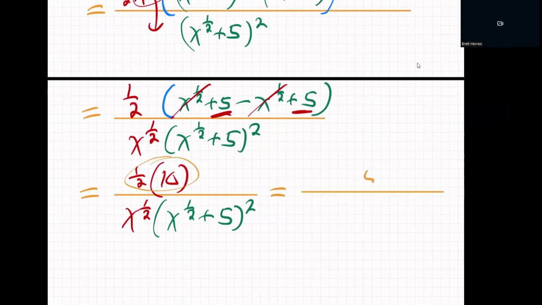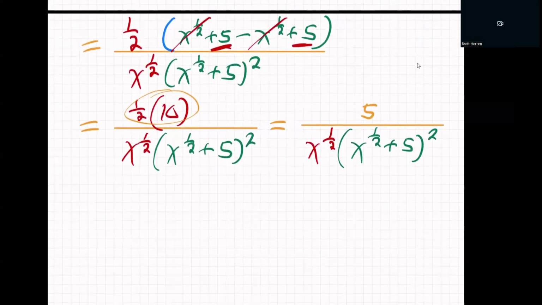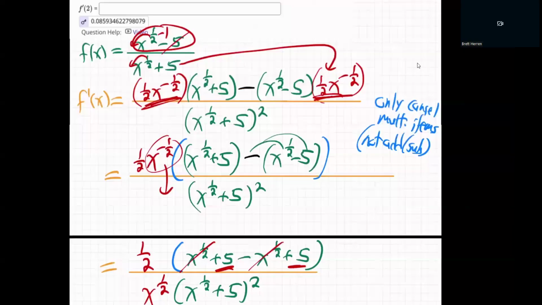Half of 10 is 5. And so we get 5 over x to the half times x to the half plus 5 squared. There's our first answer. That's what they had.